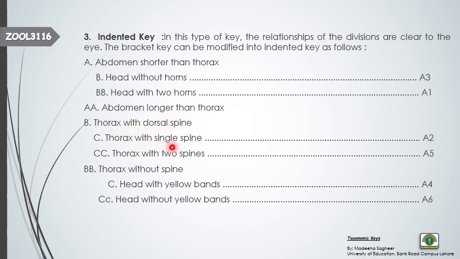Either it would have a single spine, in which case it belongs to species A2, and if it has two spines on the thorax, then it would belong to species A5, right? Similarly, thorax without spine, head with yellow bands A4, and head without yellow bands A6.